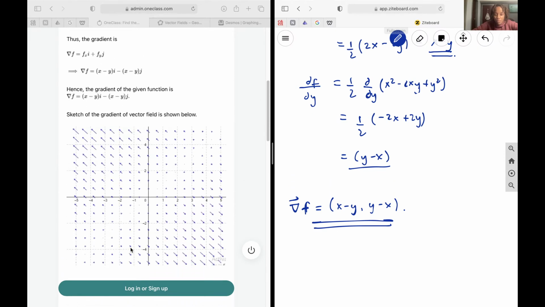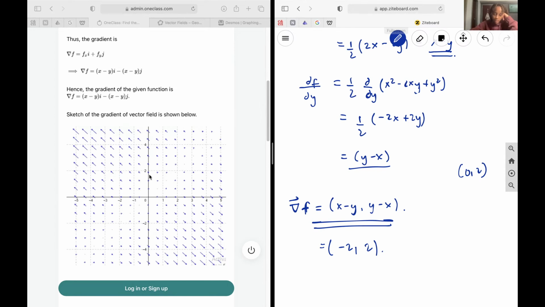If you go about sketching that, what you'll get is this vector field that's shown in the answer. For example, at the position (2, 0), x is 2 and y is 0, so the vector is x minus y, which is 2, and y minus x, which is negative 2.